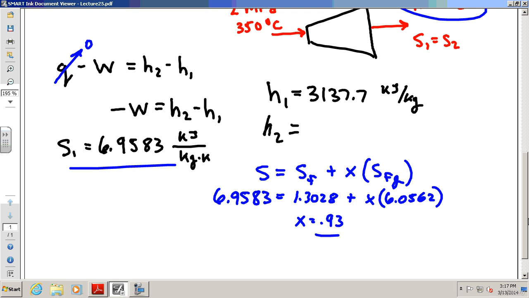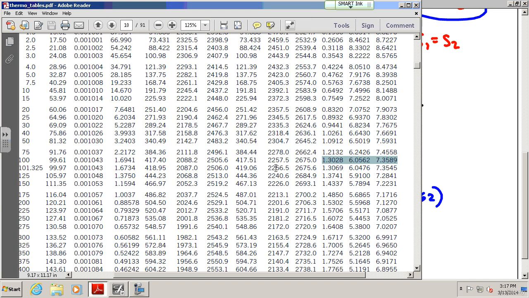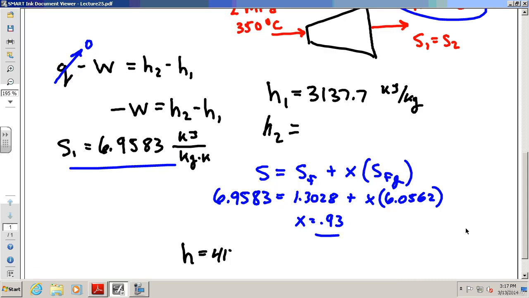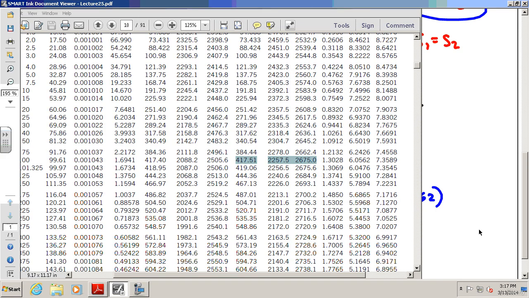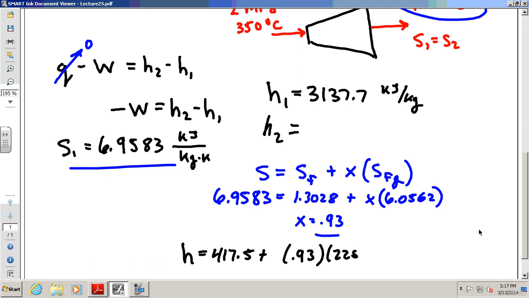Then how do you get your enthalpy? You use that quality, right? You would say that the actual H is equal to my low H, which is 417.51, plus my quality, 0.93, times that middle value of H, which is 2257.5.